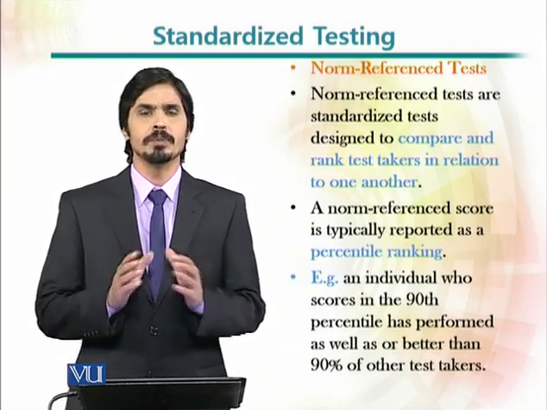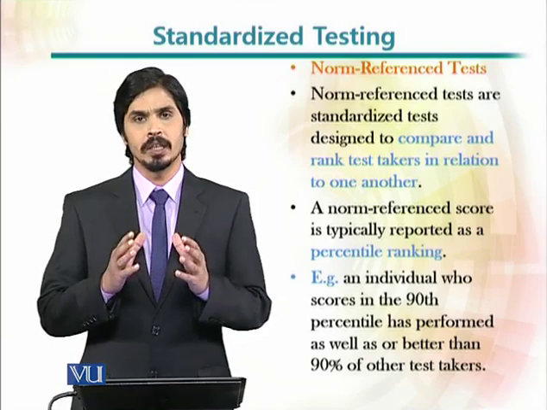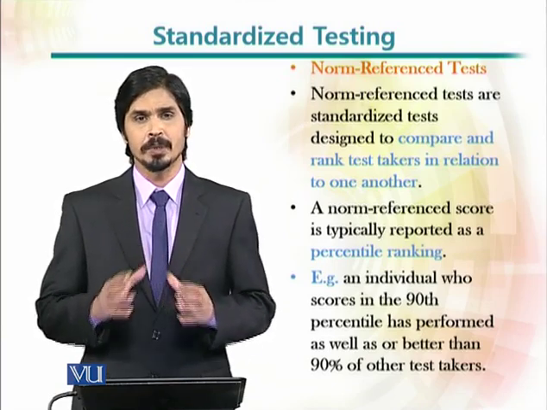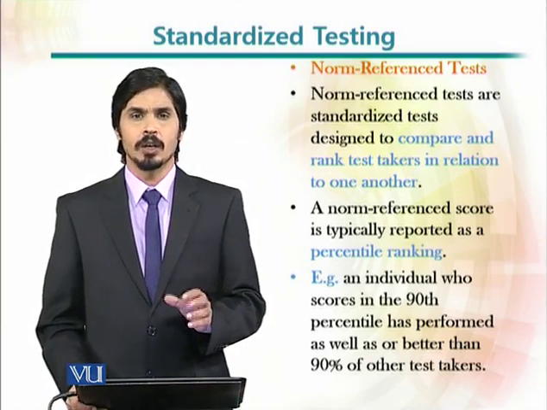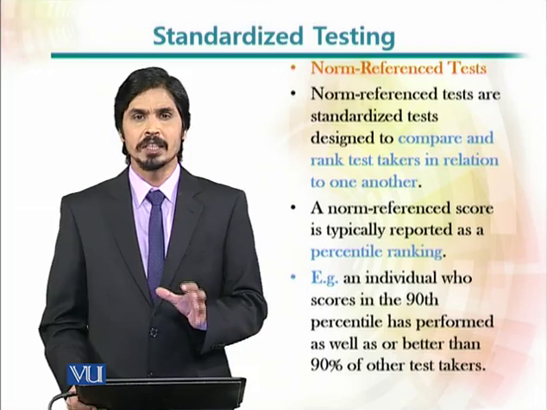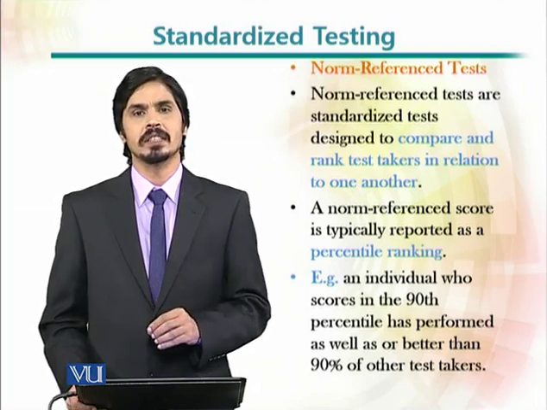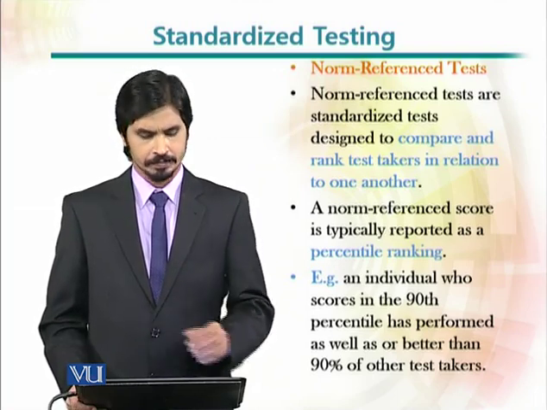By percentile we mean that if a student scores 90% in a test, it means that he is as good as or better than 90% of the other test takers in the same test.